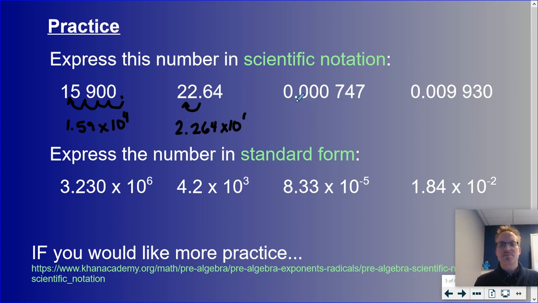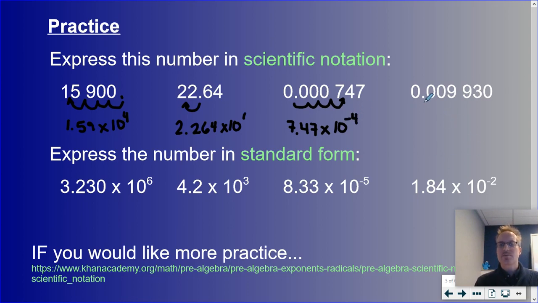On the third example, I'm going to move the decimal to the right. 1, 2, 3, 4. Because remember, you need a number to the left of the decimal. So this is going to be 7.47 times 10 to the 1, 2, 3, 4. So that's going to be a negative 4.